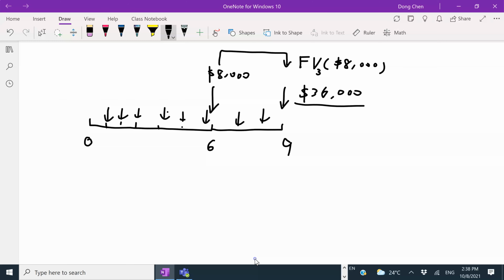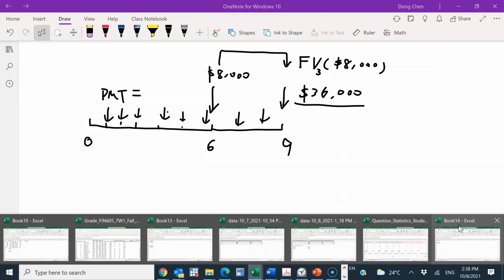Then based on the future value of annuity formula, we can figure out this payment. So that's the strategy to tackle this problem. With that strategy in mind, now let me go back to my Excel sheet and finish this calculation.